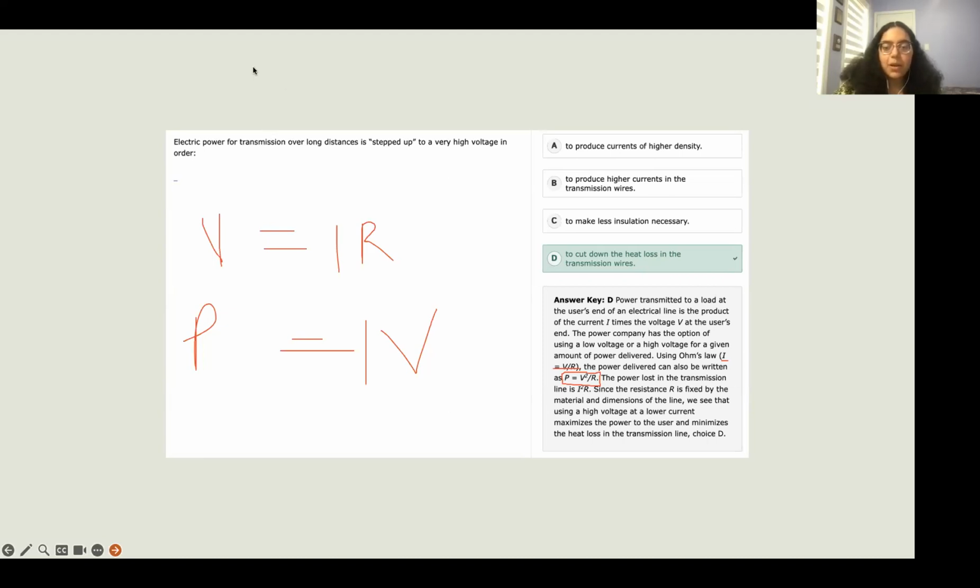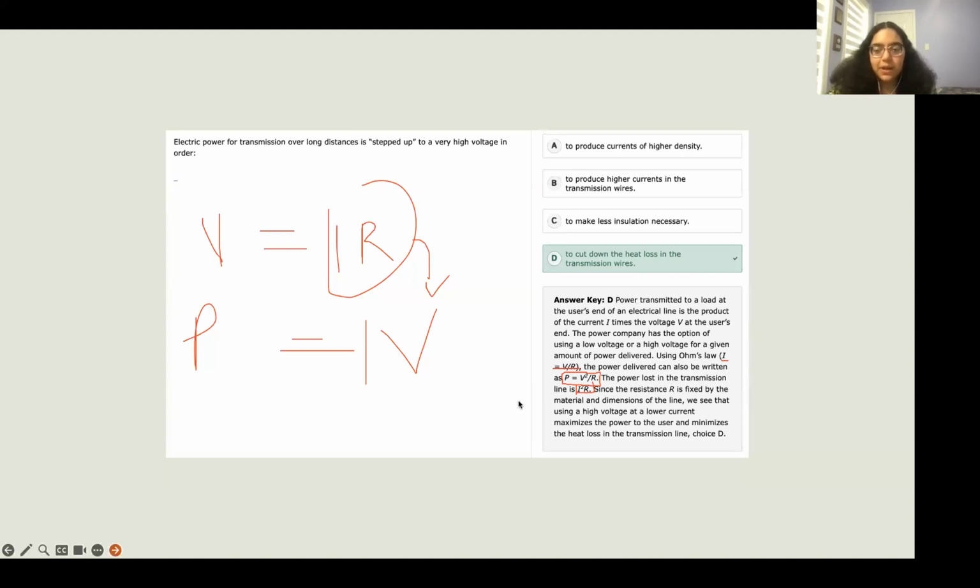And so another way to think of it is if you sub in IR for V, then I squared R is also power. So just good to know that these two equations can combine because it's the same variables. But the gist of what they're getting at here is that the power lost is I squared times R, and your resistance is fixed.